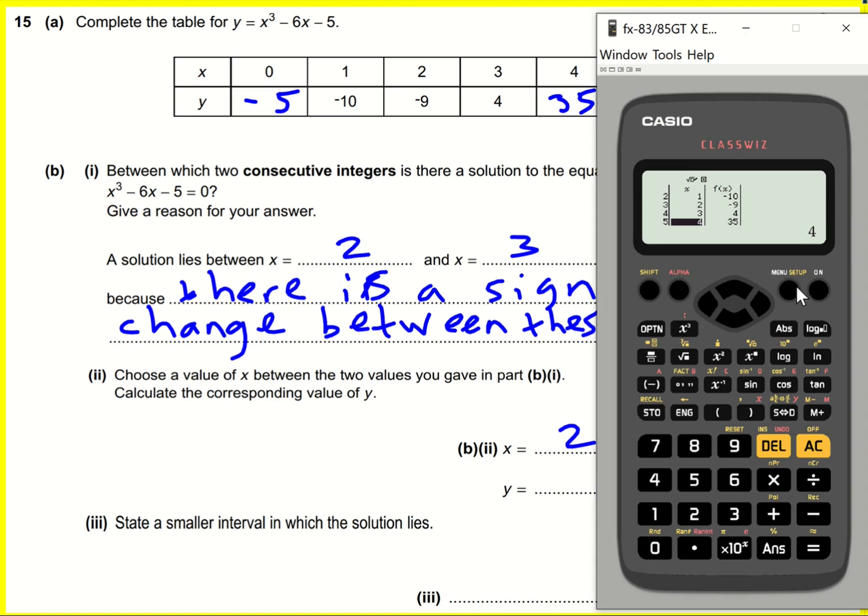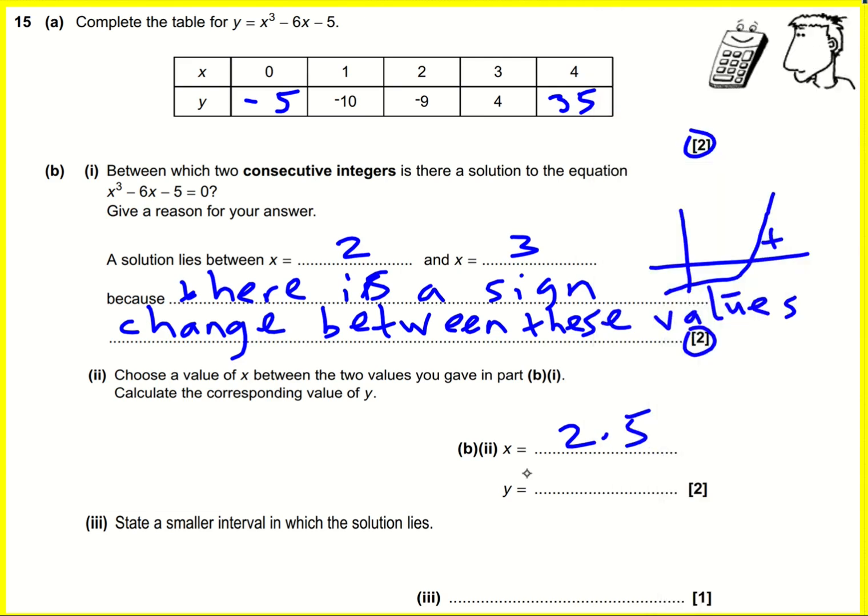So now I need to go to menu, back to my normal calculating mode, and put in 2.5 cubed, press right, minus 6 times 2.5 minus 5. And that gives me minus 4.375.